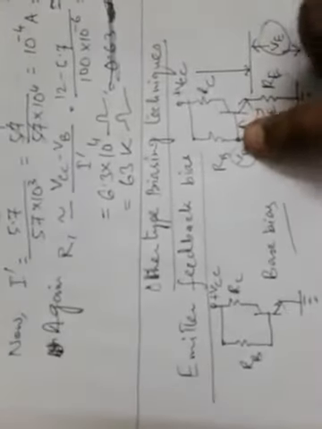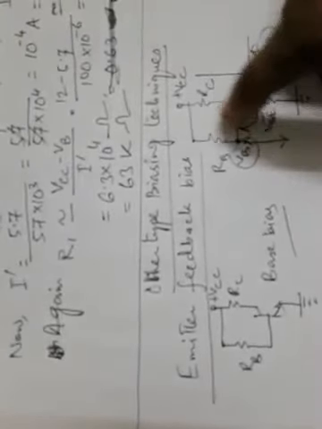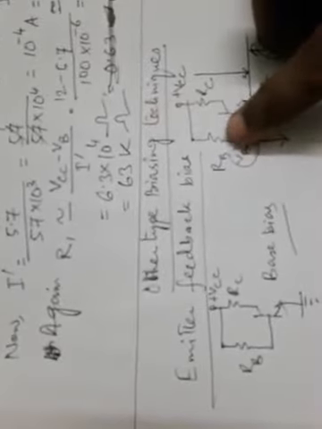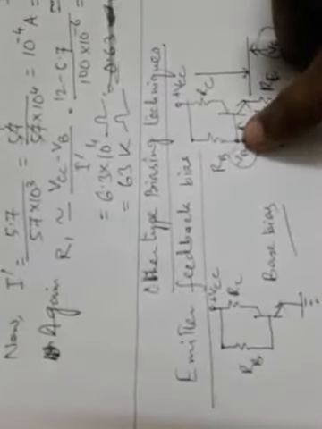If VB is increasing, that means VB is the bottom terminal of this resistance RB. Now if this node voltage is increased, that means this node voltage is found by VCC minus the drop across RB. So the drop across RB will become less, because the lower side is increasing.